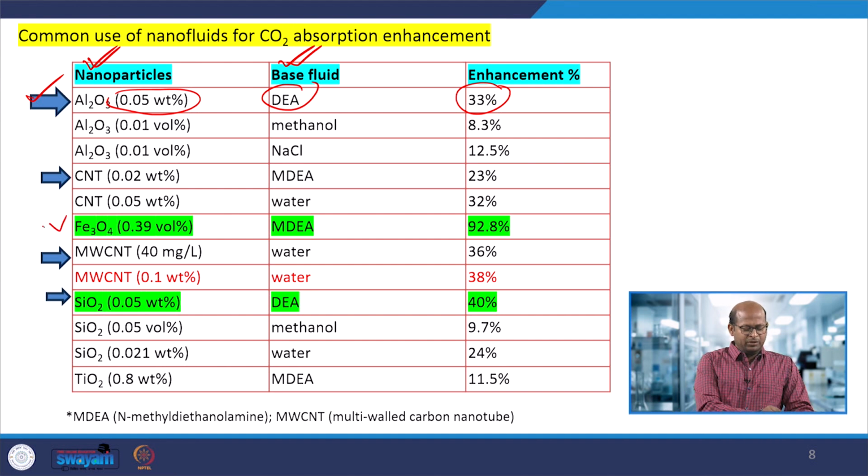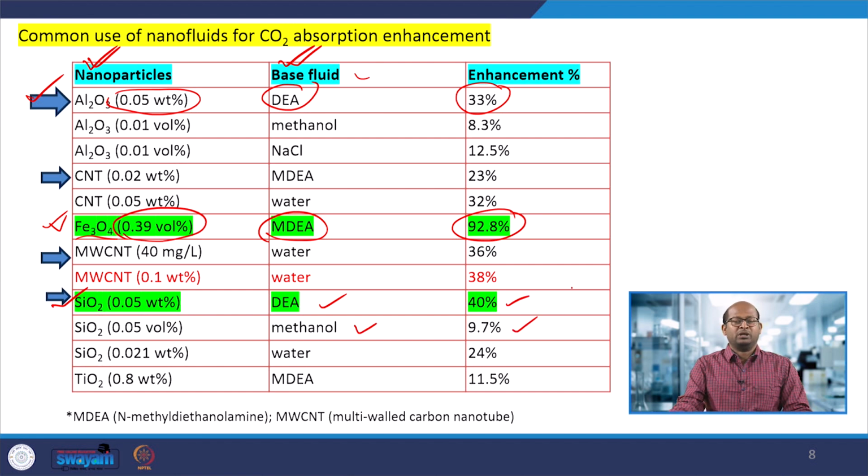Similarly, with magnetic nanomaterials Fe3O4 at 0.39 weight percent in MDEA as the base fluid, the CO2 absorption capacity increased by 92.8 percent. Similarly for silica and other metal oxides and different base fluids also. So, depending upon the base fluid and nanomaterials, the enhancement percentage is also different.